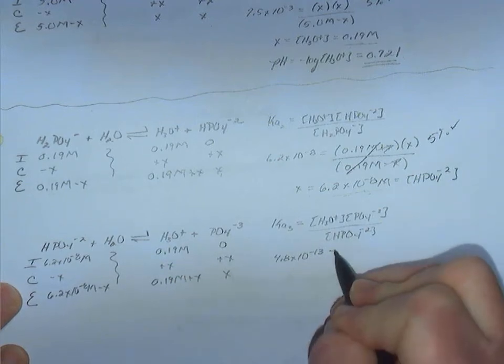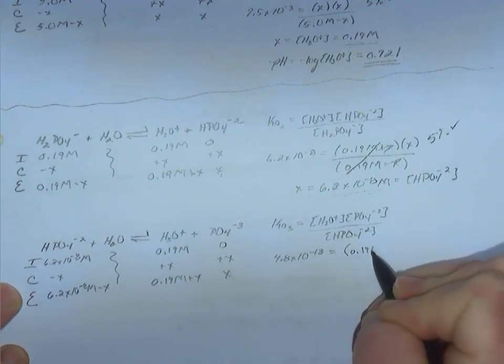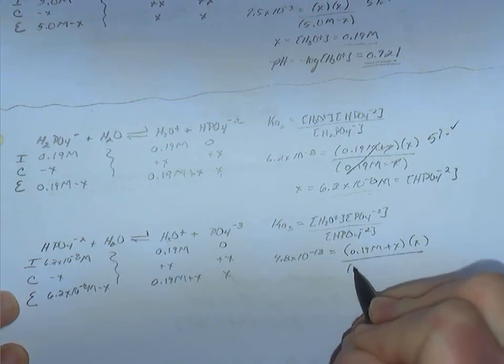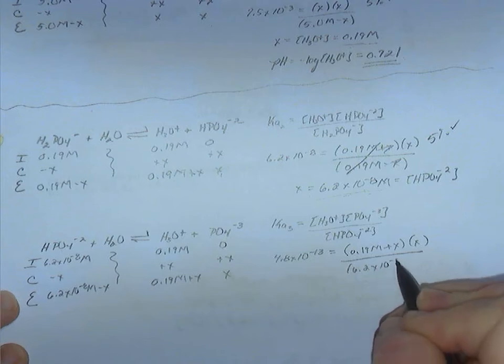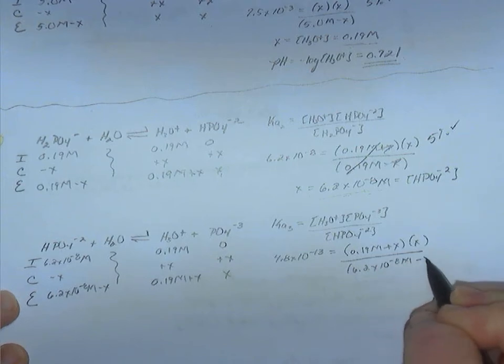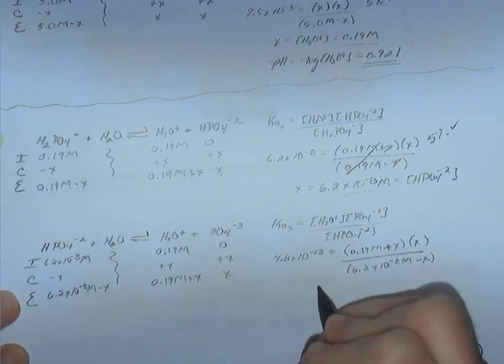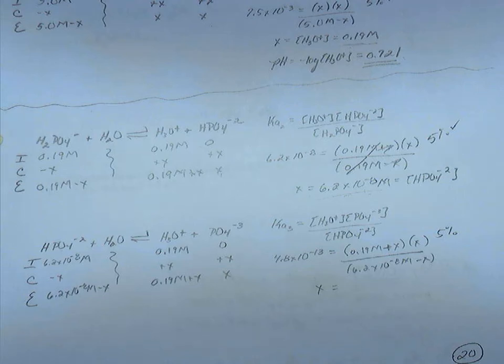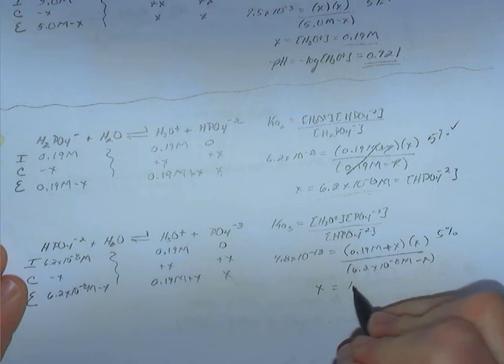And then we insert 0.19 molar plus x times our x over 6.2 times 10 to the minus 8th minus x. This is plus. And we need to check our 5%. But when we do our math, our x value here is 1.6 times 10 to the negative 19th.